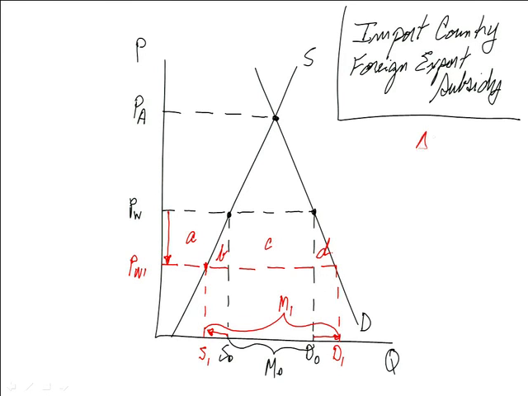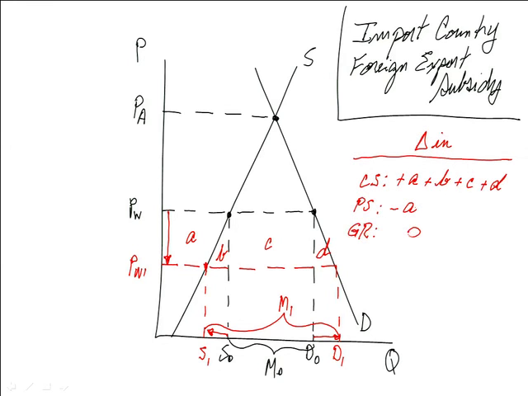So again, we want to find the changes. In the importing country, notice that consumers are much better off, right? I get to buy cotton or whatever it is, solar panels in the US, at a lower price. So consumers receive a gain in consumer surplus of A, B, C, and D. Producers, facing a lower price, are worse off, so they lose area A. And the government has no change in anything because there are no expenditures or tariff revenues going on.